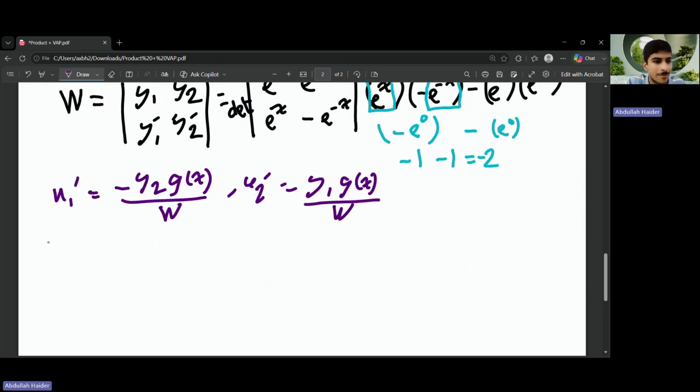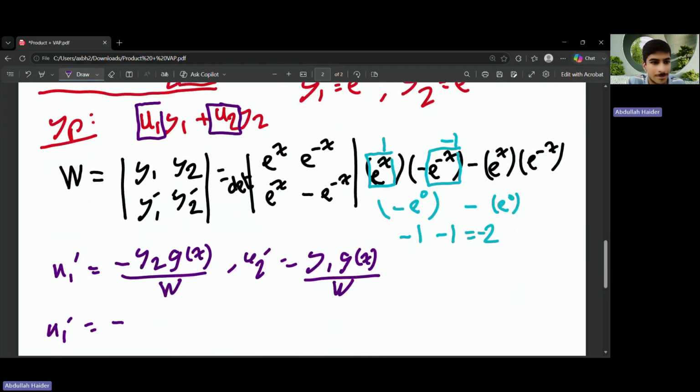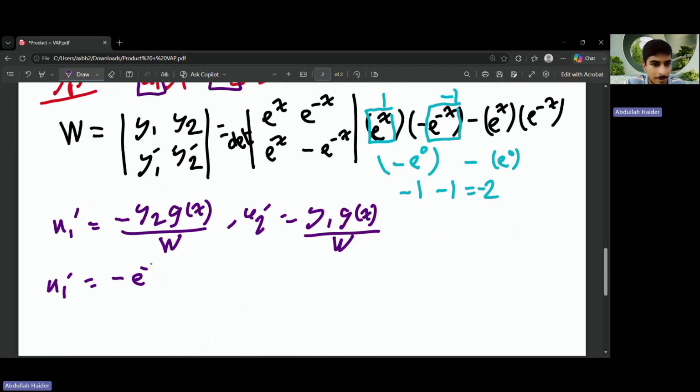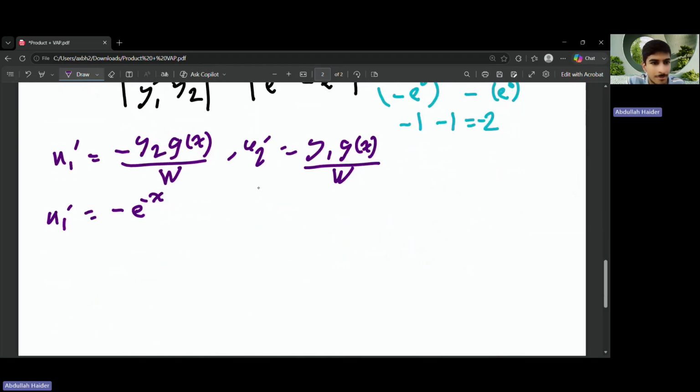If you want to find U1 prime, so you have minus, our Y2 is e power negative x. Your g of x is what you have on the right-hand side. So your g of x is 1 over x.